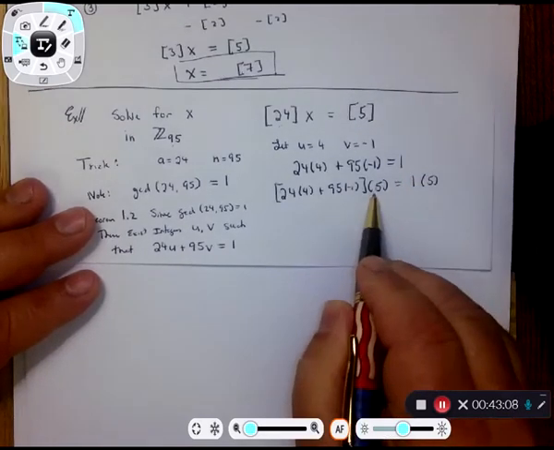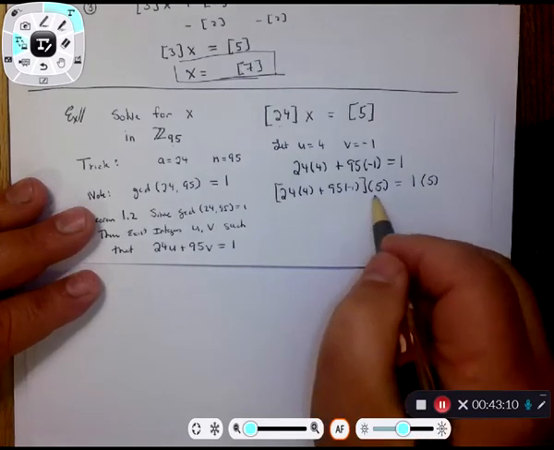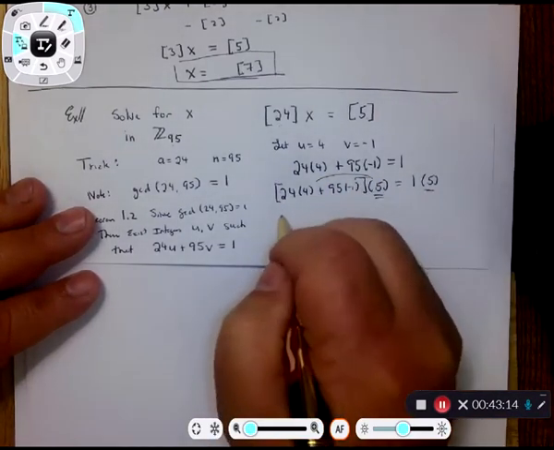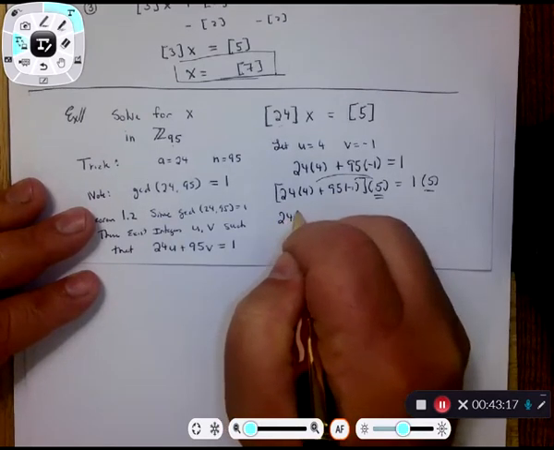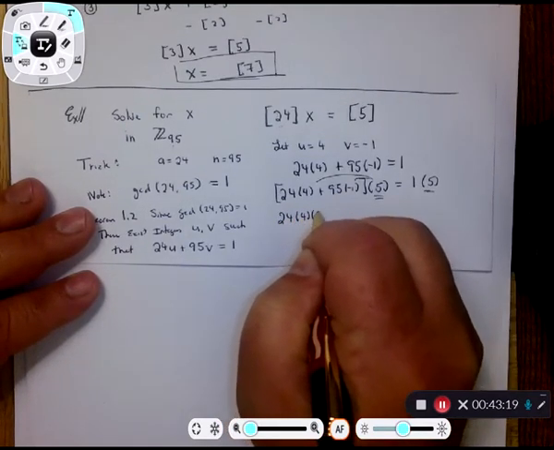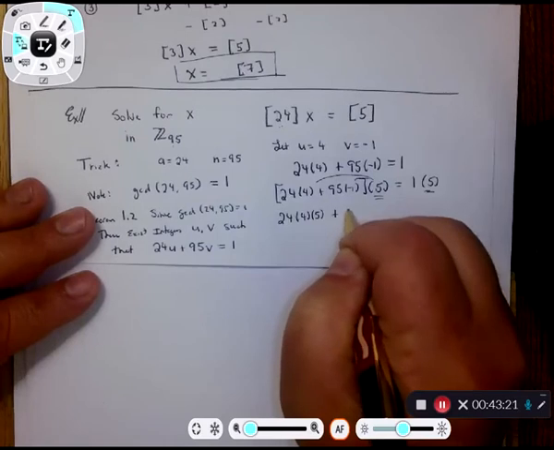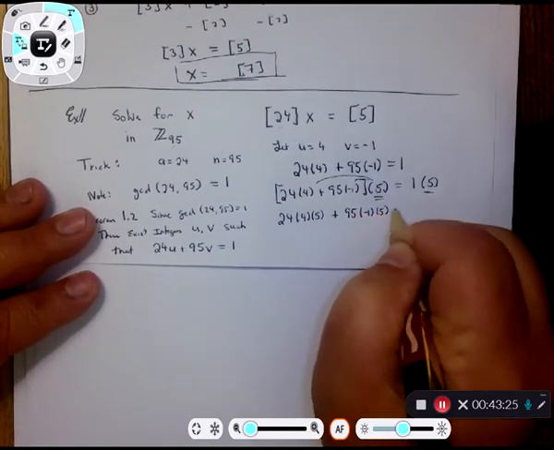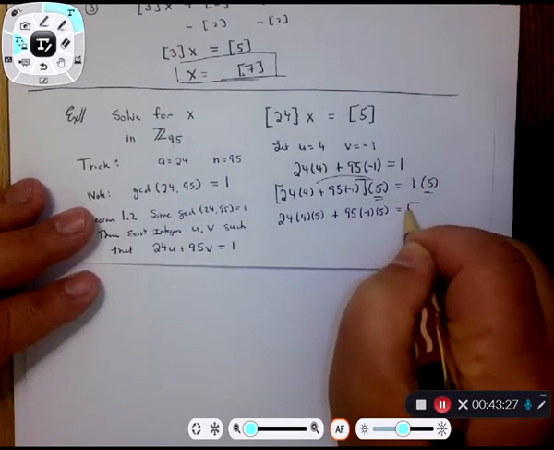What I do to one side, I do to the other. I distribute the 5, so this gives me 24 times 4 times 5 plus 95 times -1 times 5 is equal to 5.